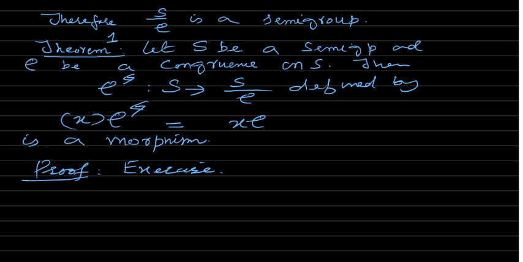In fact, this morphism is also onto: if we choose any element in S over ρ, we can choose some x in S such that the image of that x under ρ natural is equal to xρ. It's trivial that this map is onto.